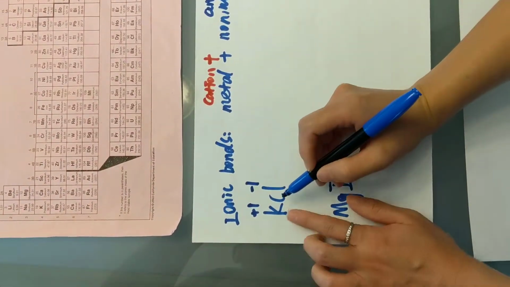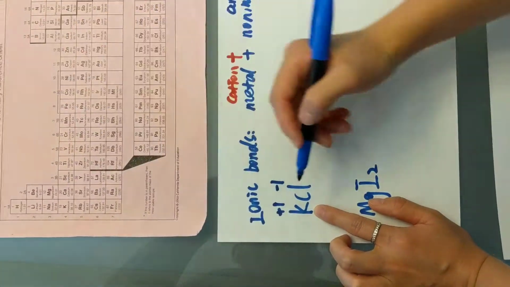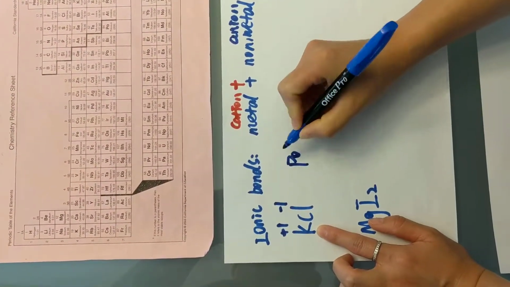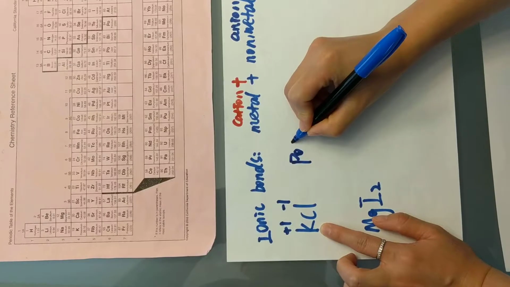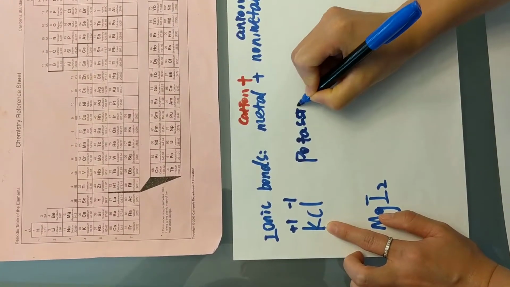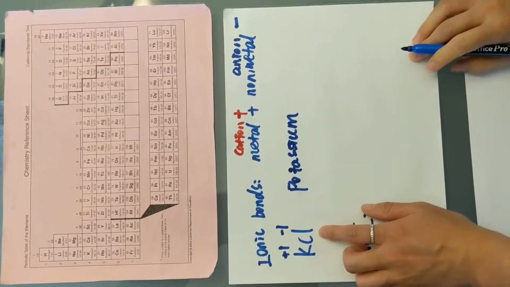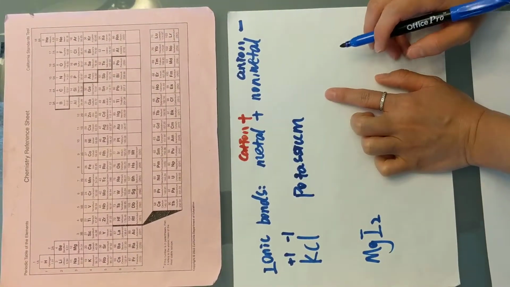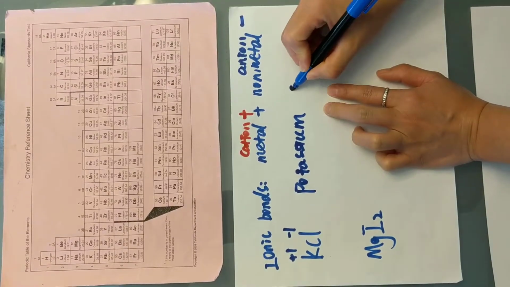First step, write K from the periodic table. K is potassium. Cl from the periodic table is called chlorine.